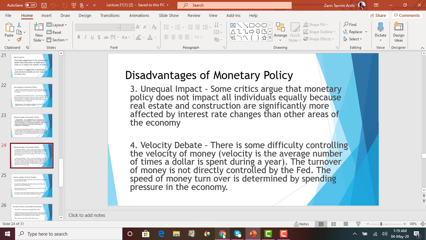How many times has this dollar bill been used in that particular year? Is it 2 times, 3 times, 4 times? How many times did it exchange hands from one person to another?